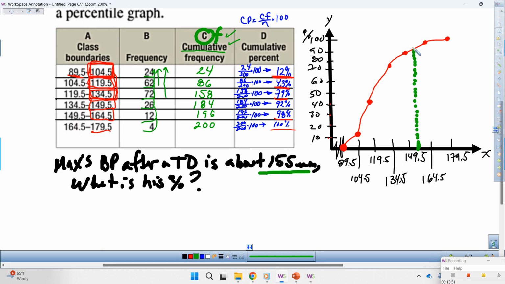And then from there, I go to the left to find the percent. What would be the percent, guys? Mel, what would be the percent? What is it?